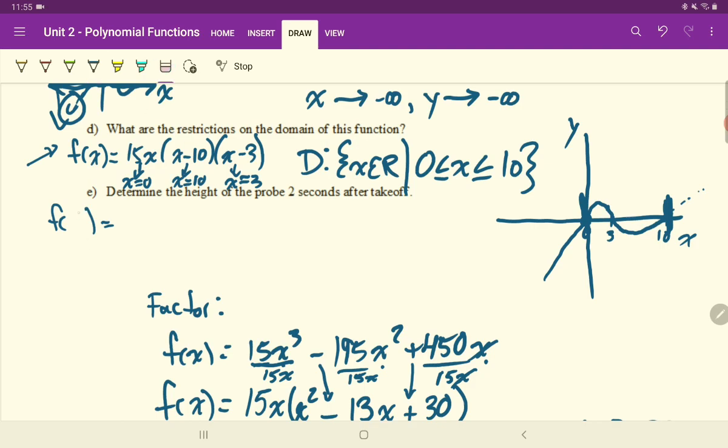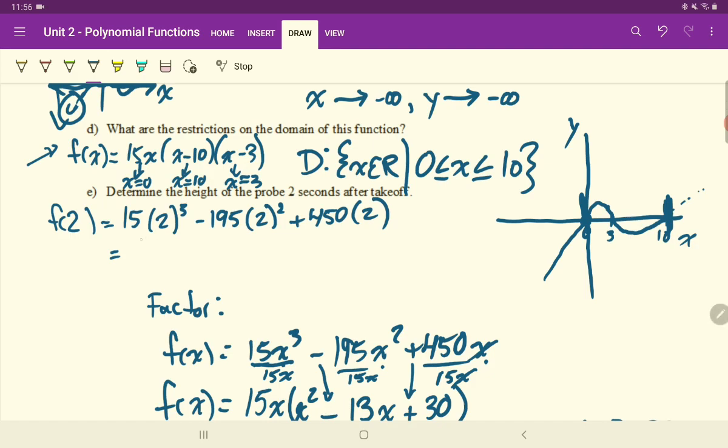Let's do f at 2 is equal to 15 times 2 cubed, minus 195 times 2 squared, plus 450 times 2. Okay, and then you go about and figure out what all this would be, of course.